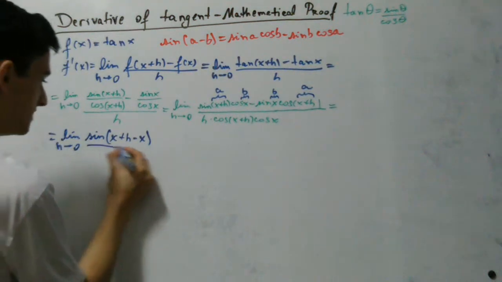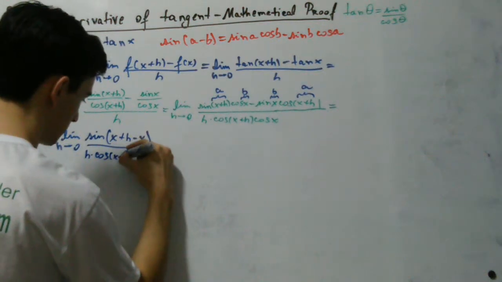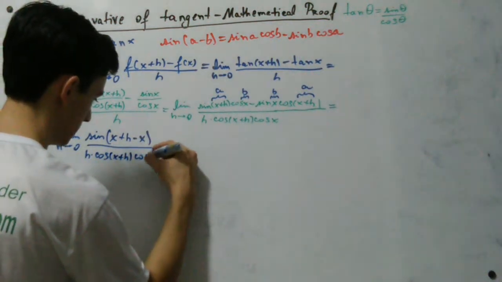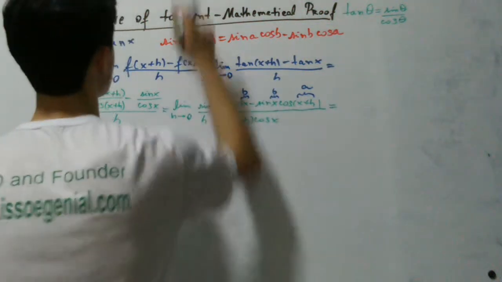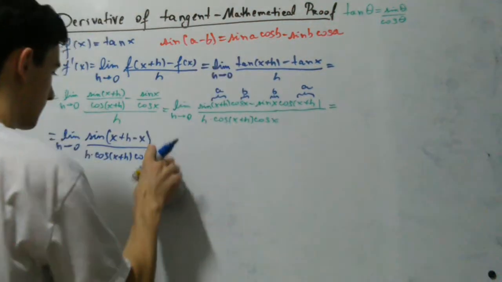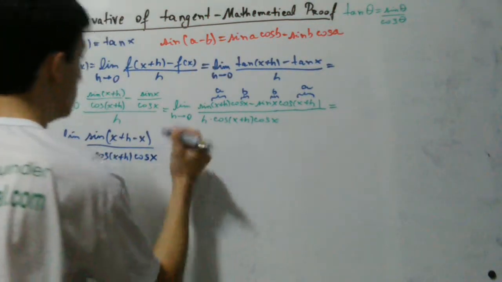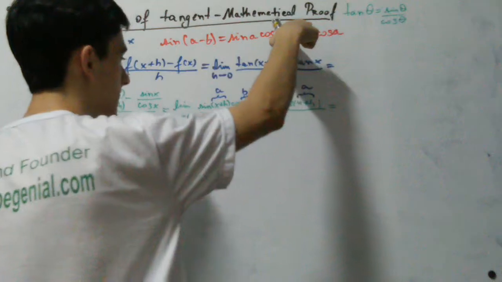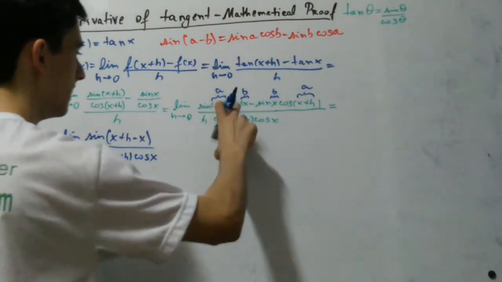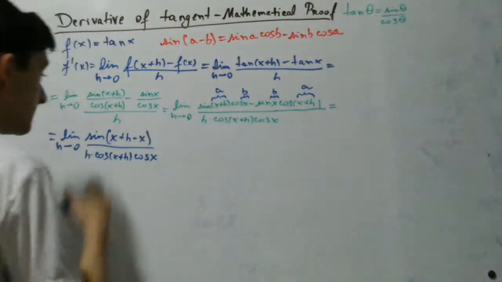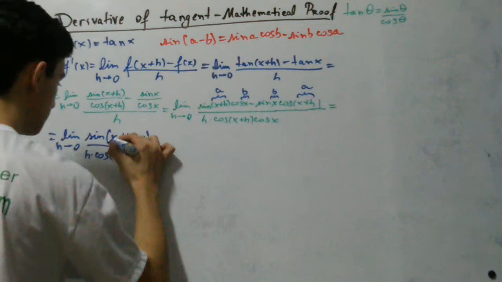And then we have it divided by h times cosine of x plus h times cosine of x. So again, we have just applied this property right here to this whole thing. We call x plus h a and x b. And then we can simplify things here. x cancels out with negative x.